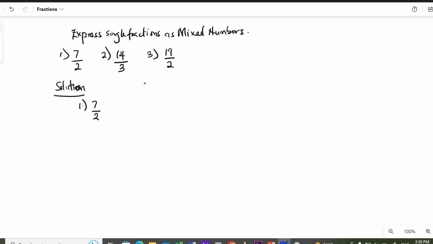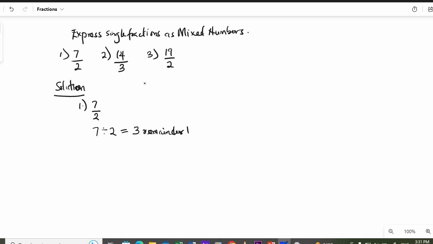Now the first thing you want to do is to divide 7 by 2. Now we know that 7 divided by 2 is 3, but with a remainder of 1.